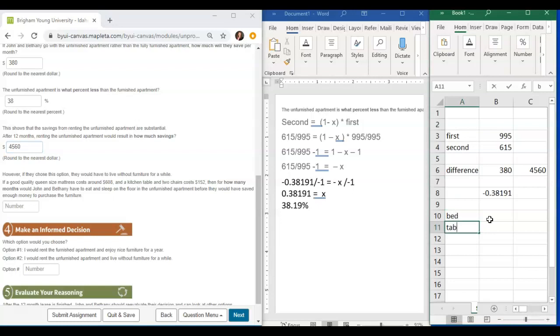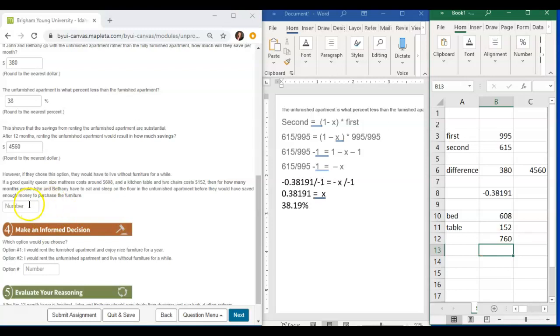Bed and table with 2 chairs. I'm just going to put table though. 608, 152, and that was all. So we want the total for just the bed and the table, and so to do that we'll do equals, and I'm going to left select this one here and then press add, and select this one here and then press enter, and that's $760.